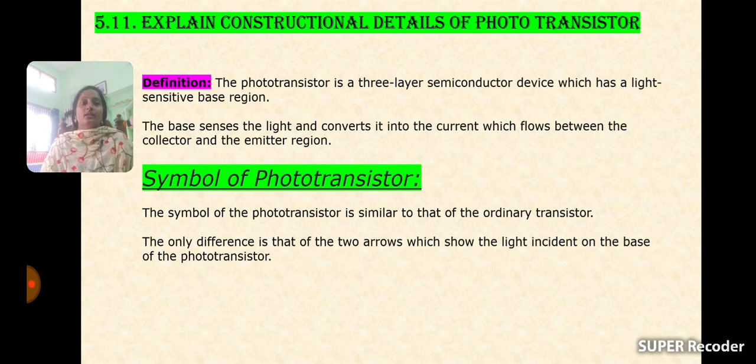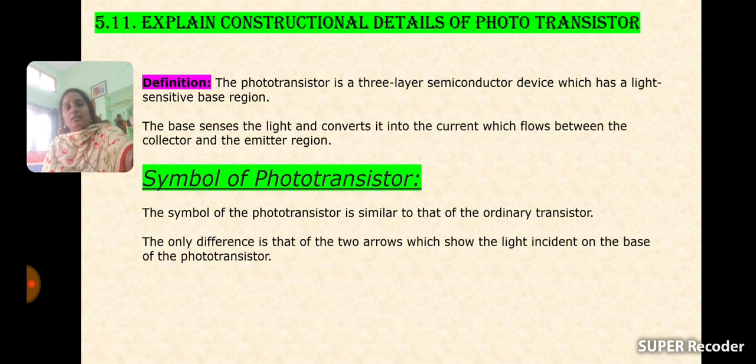The base senses the light and converts it into the current which flows between the collector and emitter region.